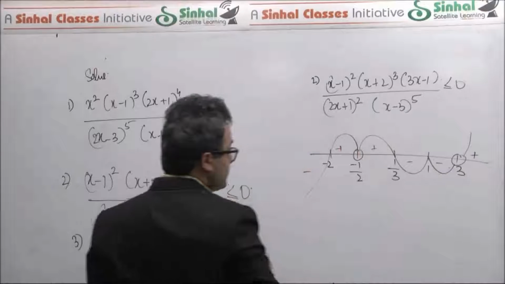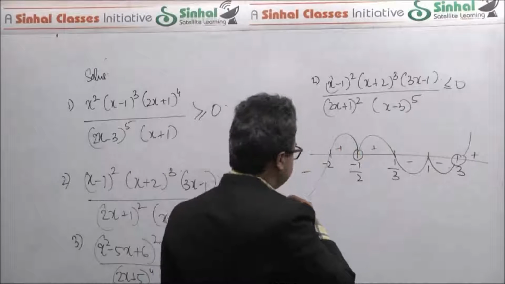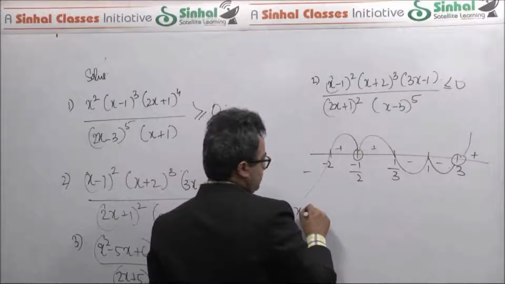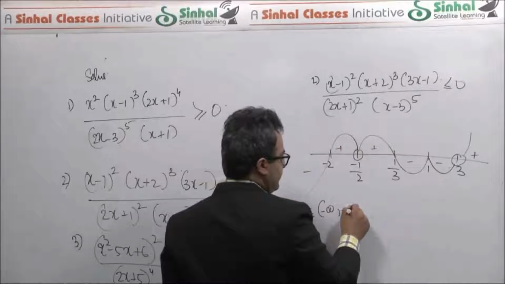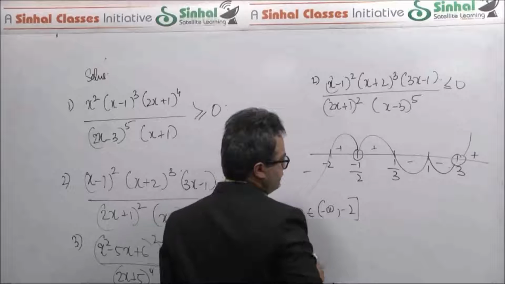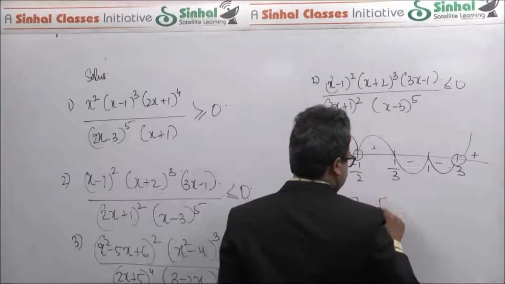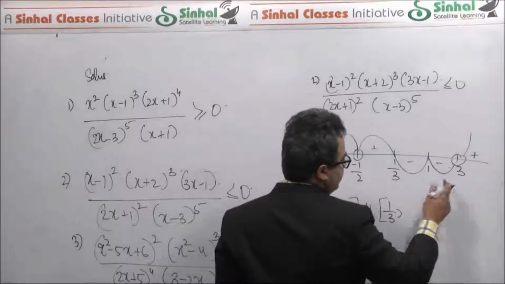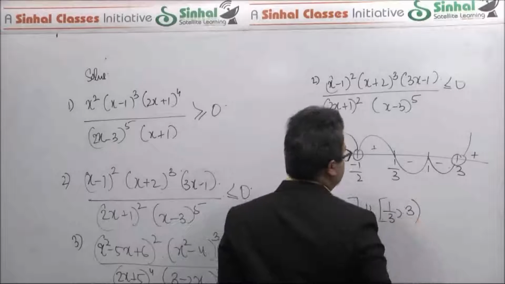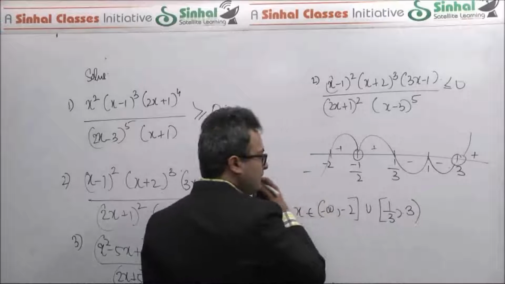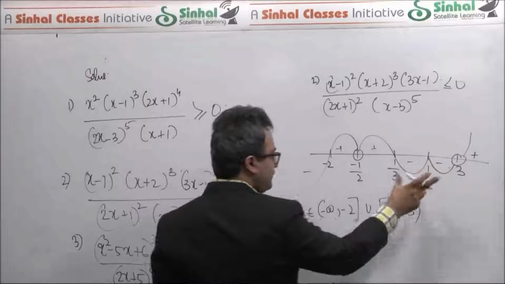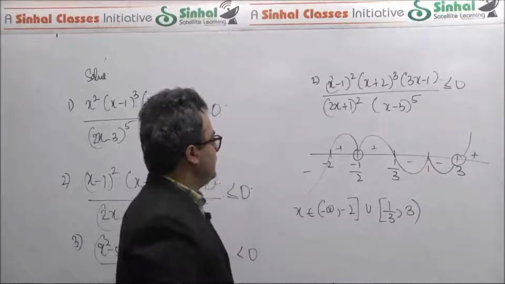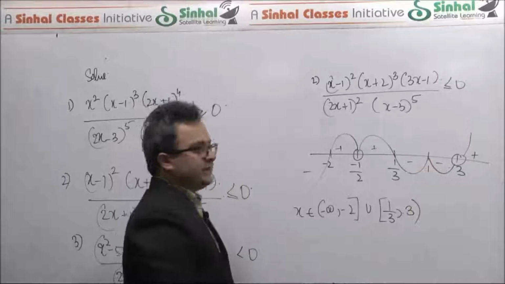So now we want the expression to be less than or equal to 0, so I can include critical points from the numerator. Here this is 1/3, 2, 3 effectively, including 1. 1 anyway has to be included, so I don't have to consider separate intervals. So that should be the final answer.